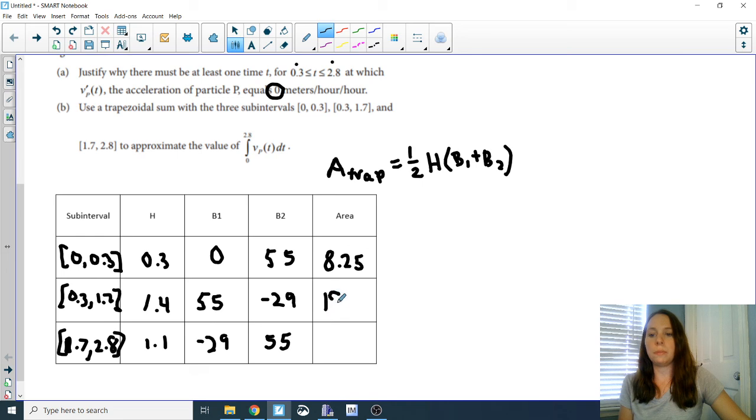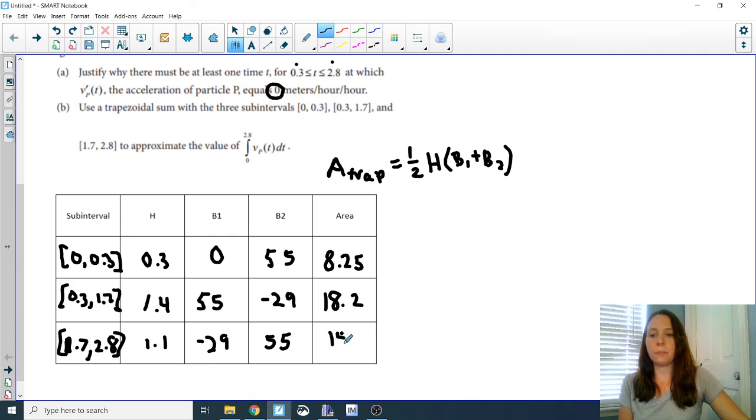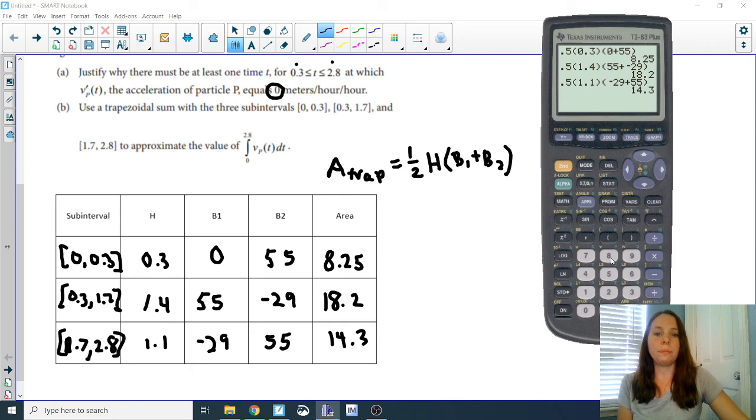18.2. And finally, 1.1. 14.3. Finally, add those values.